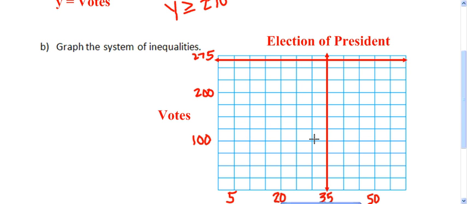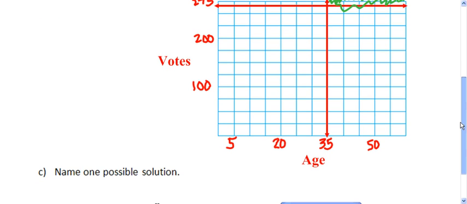Anything below the age of 35 is not going to be a president. So it'd only leave one section to shade: the ones that are 35 and above, and you receive 270 or more electoral votes. So that's the area that needs to be shaded. And here is our shaded region.